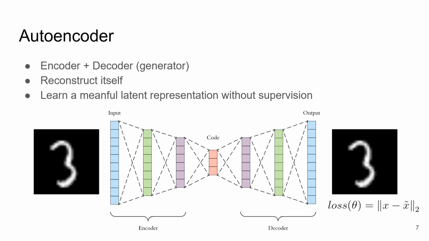We want the output to be a reconstruction of the input, so an autoencoder reconstructs the input itself. We usually use mean square error as the loss function. So an autoencoder learns a meaningful latent representation without any supervision. It's an unsupervised learning method.